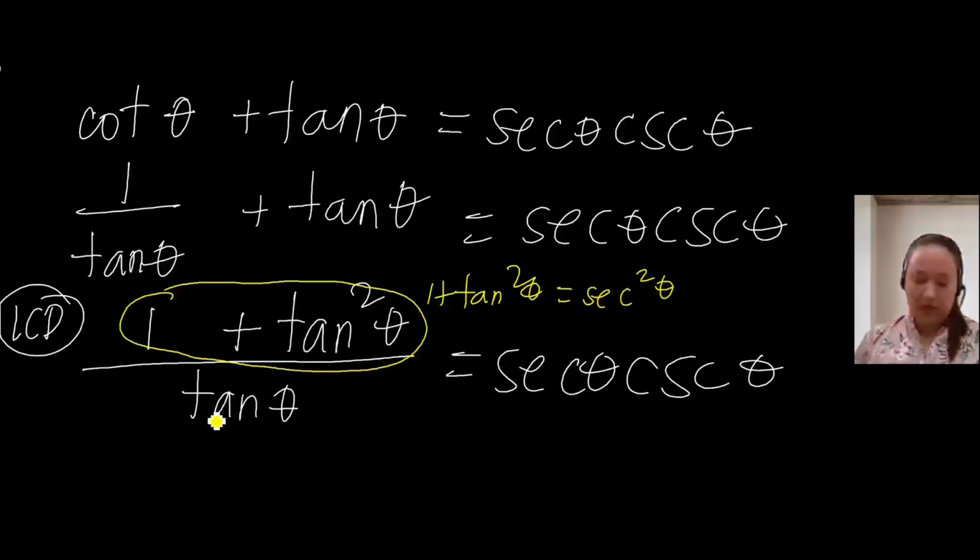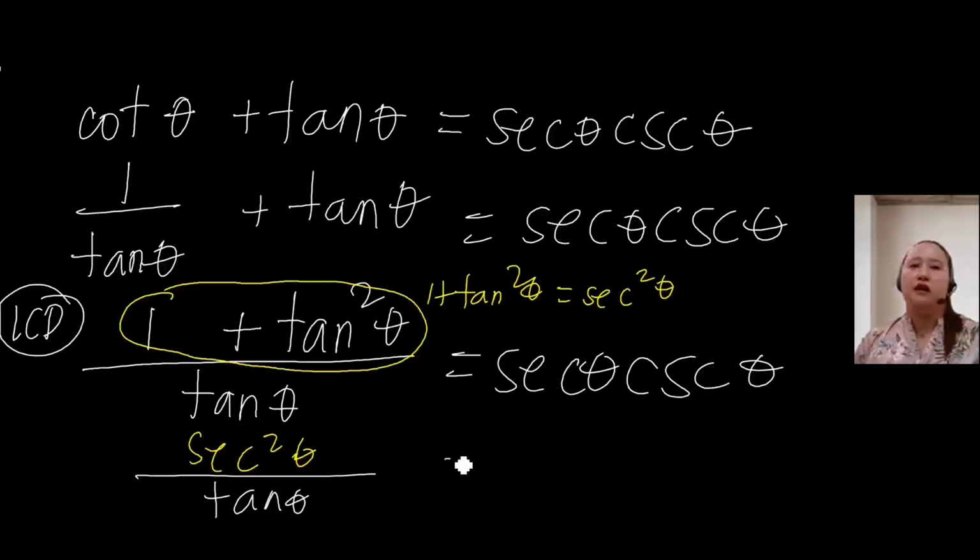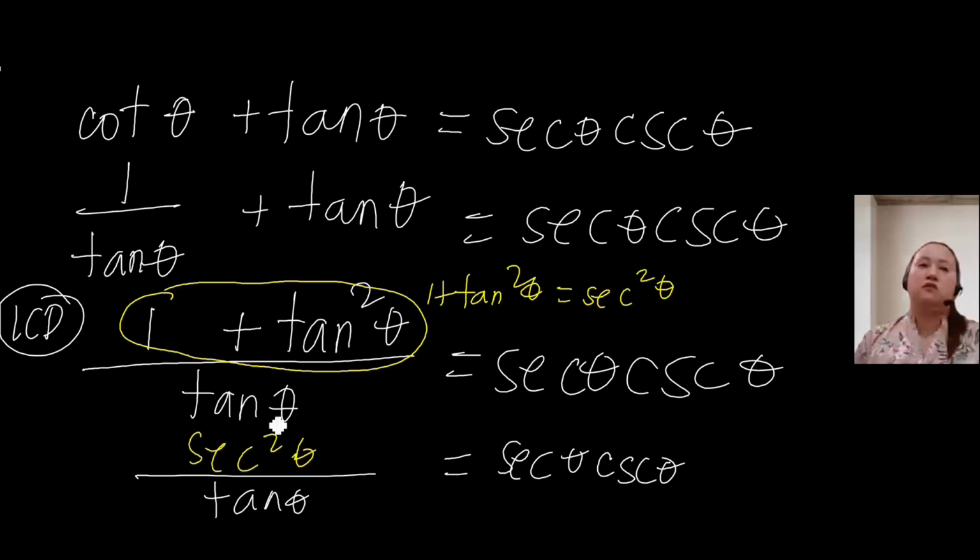So we can write here the secant squared theta, then denominator of tangent theta, and copy the right side. Remember that the equal sign should be aligned with each other. So next, I will be clearing the screen.